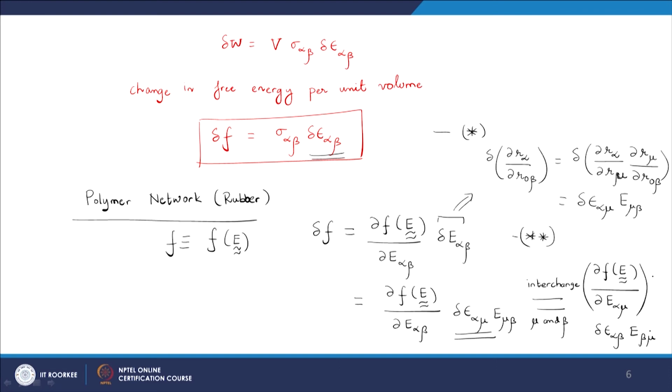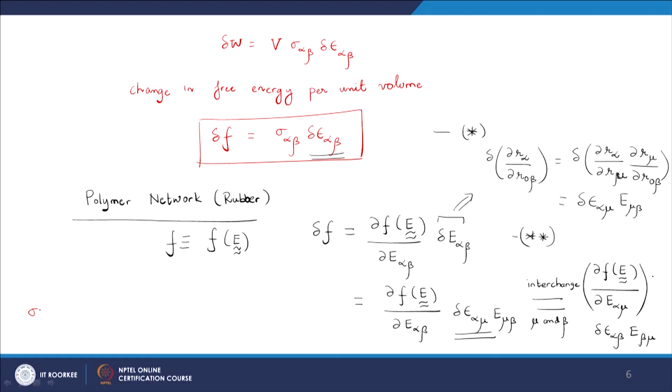E beta mu. So, I can now compare this relation that we have derived with the star relation that we have, and what I do get is something like this.